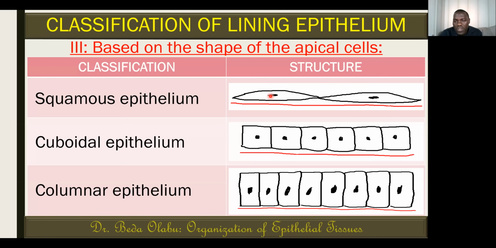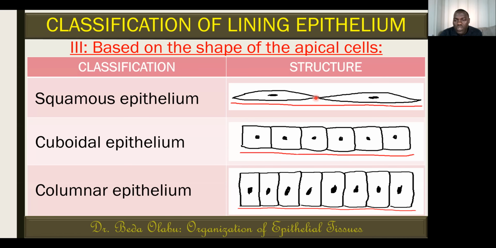If the cell is cuboidal, then the nucleus will appear to be round or ovoid. When the cell is columnar, then the nucleus will tend to be vertical like this. So that's one of the other concepts we can use to distinguish these shapes of cells. It might not be 100%, but with some significant level of confidence, you can use the nuclear shape to depict the shape of the cells.